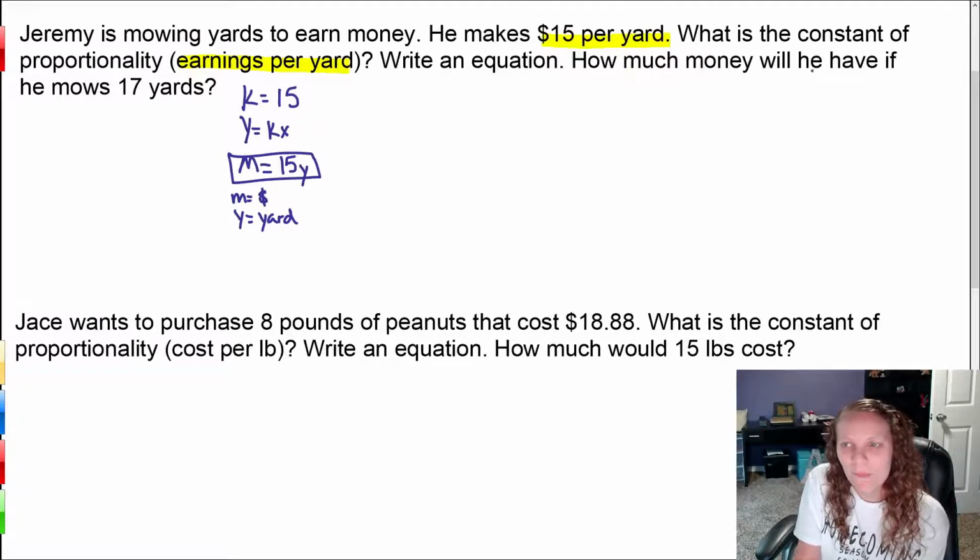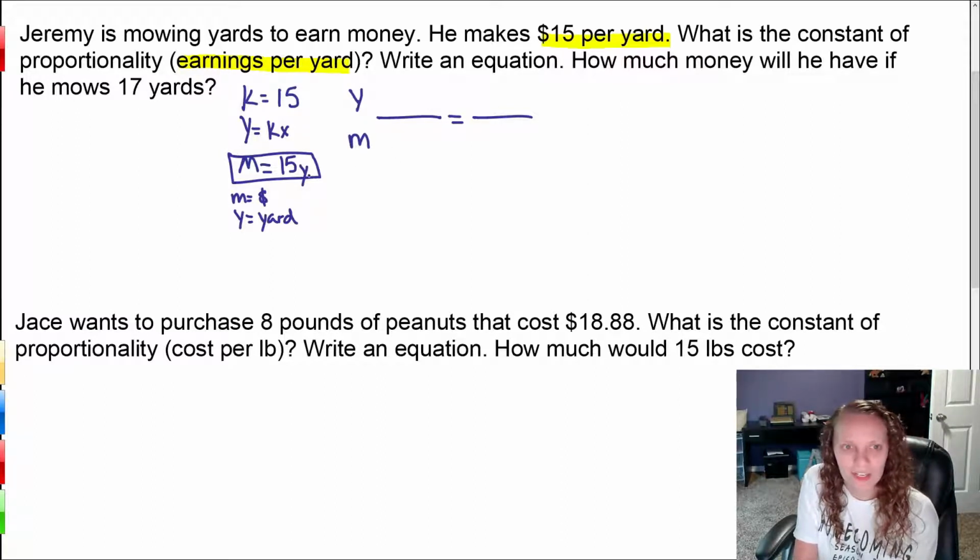And then it says how much money will he have if he mows 17 yards. So I'm going to show you this by using a proportion. This is one way of solving. We have yards and we have money. So y for yard, m for money.